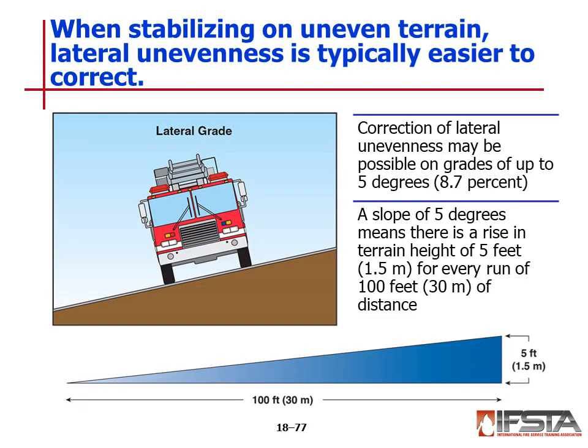When stabilizing on uneven terrain, lateral unevenness is typically easier to correct. Correction of lateral unevenness is possible on grades up to 5 degrees, although this can vary depending on the aerial device. A slope of 5 degrees means there is a rise in terrain of 5 feet for every 100 feet in distance.